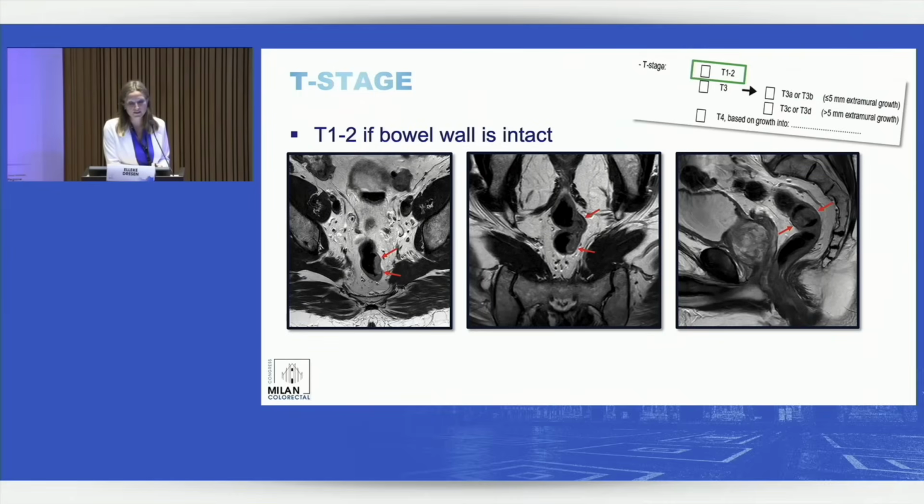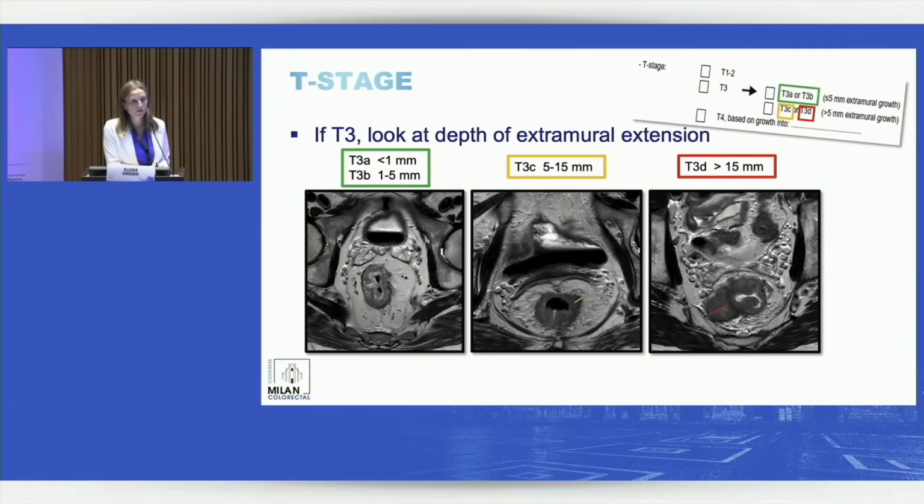Then for the T stage, of course, small tumors confined to the rectal wall can easily be seen when the bowel wall is still intact with a very thin black line, as seen in these images. But the moment the tumor grows into the mesorectal fat, we have to define how deep it grows into, because that also has a prognostic value.